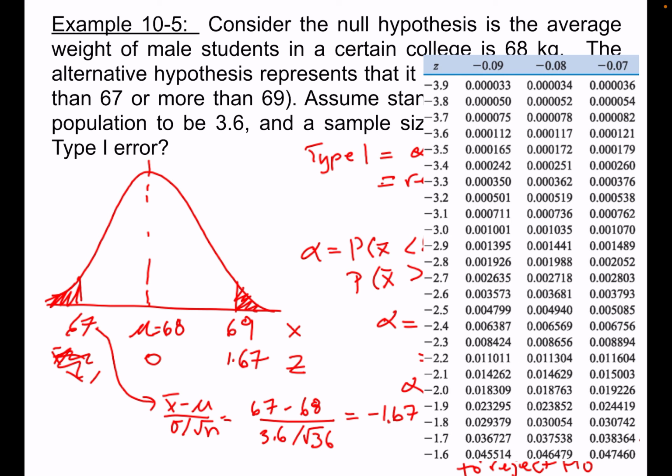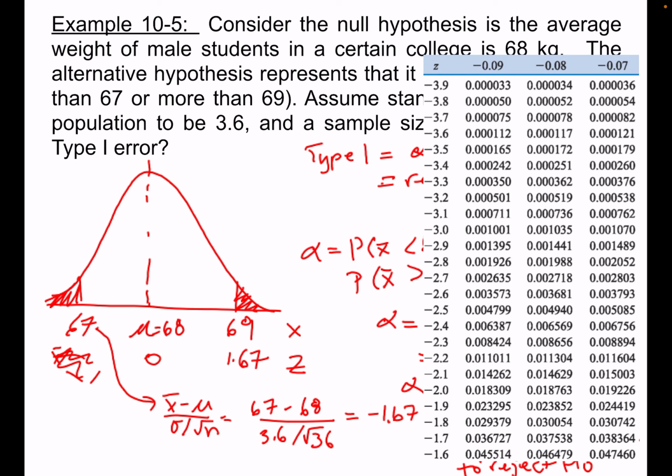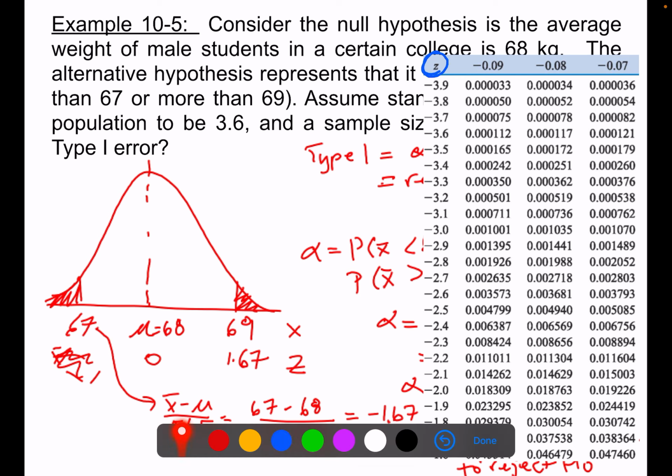So this is Z, and we have to calculate Z. The equation is X bar minus mu divided by sigma divided by square root of n. And that is going to be 67 minus 68 divided by sigma, which was 3.6, divided by square root of 36, and that's going to give us 1.67, right?